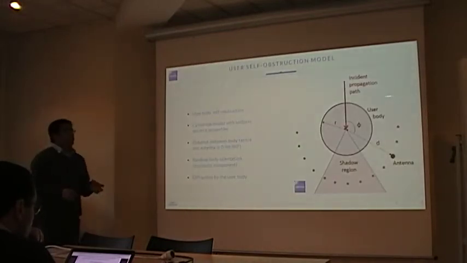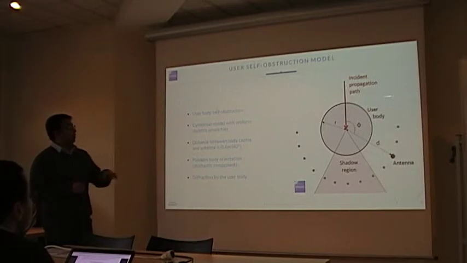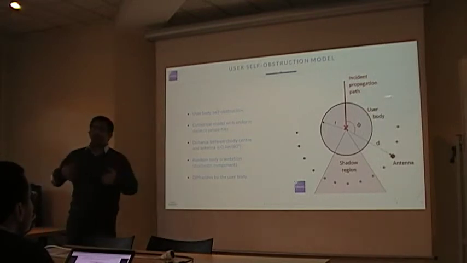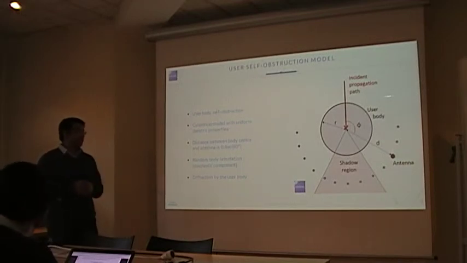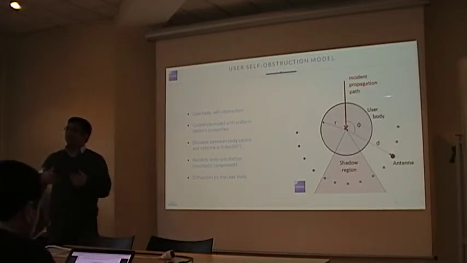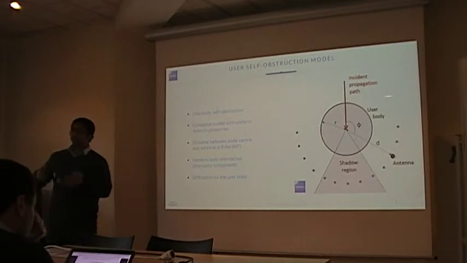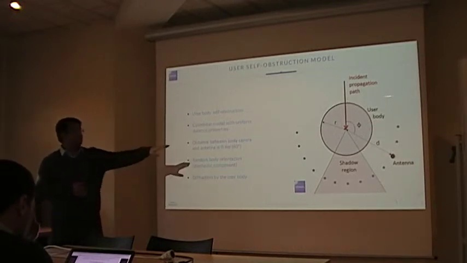So quickly to the user obstruction model. The question is, if you have a human body, how do you model it? There are various methods to do it. If you look at on-body scenarios, where you have a device on the body, it's quite extensively seen. And that's kind of where we take the model from. We've considered the human body as a cylinder, a uniformly dielectric cylinder. So that's the top view.